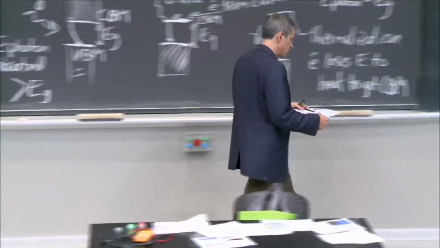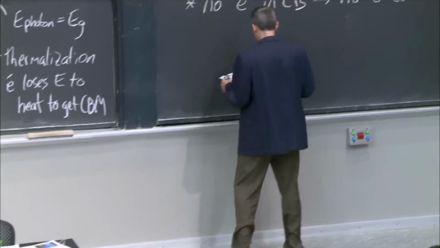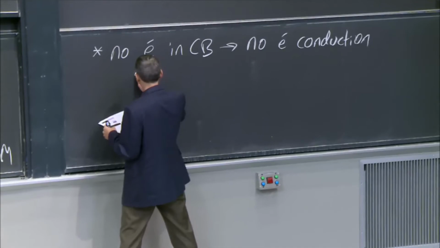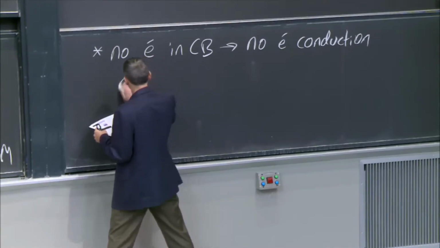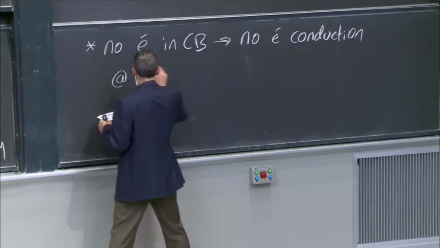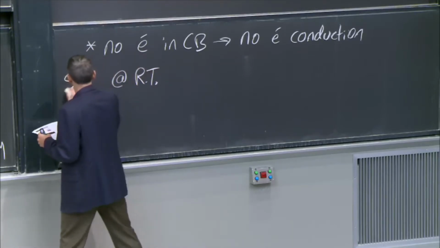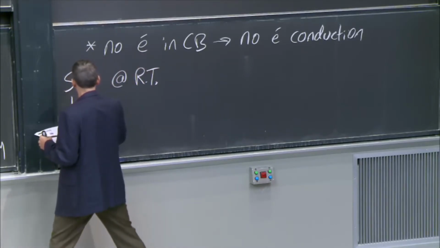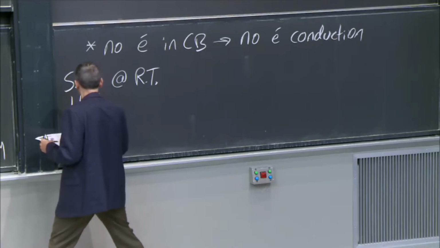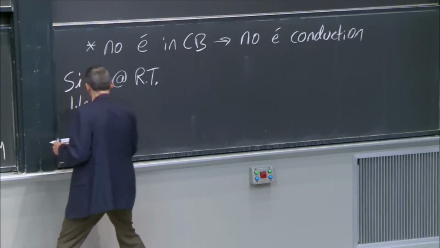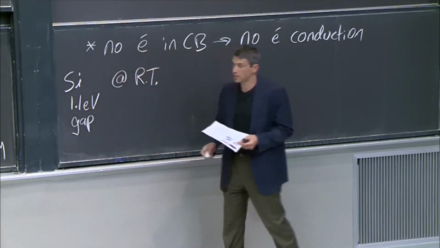So with thermal energy, let's see, at room temperature for silicon. This is the case of silicon, which has a 1.1 electron volt band gap. This is a really important semiconductor.